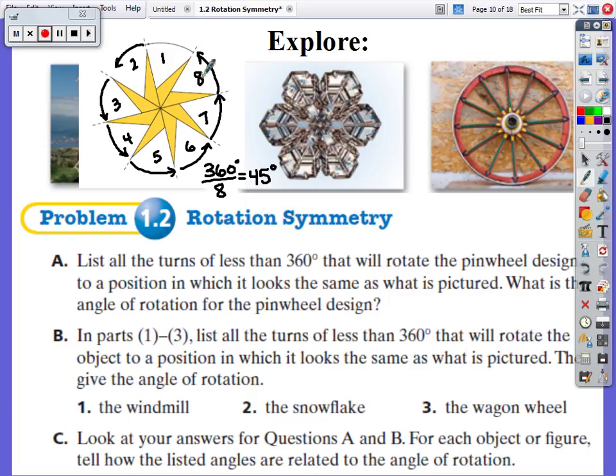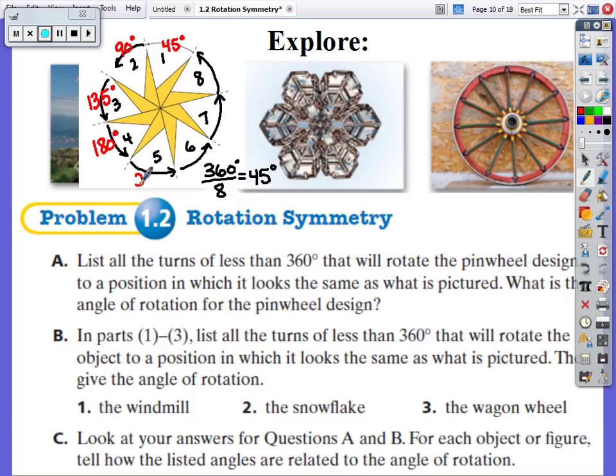So what it's asking you this time, list all the turns of less than 360 degrees, is it's just asking you, okay, after one rotation, how many degrees have you rotated this? Well, we know that the angle of rotation is 45 degrees, so each rotation is 45 degrees. So after one rotation, we've moved it 45 degrees. After 2 rotations, we've rotated it 90 degrees. After another rotation, it's 135 degrees. After another rotation, it's 180 degrees.